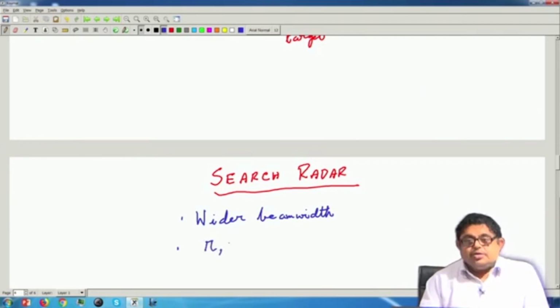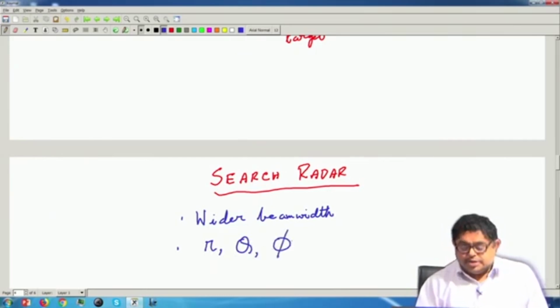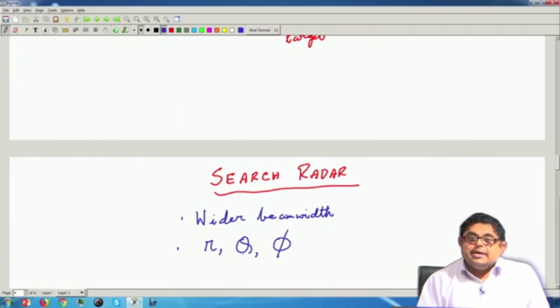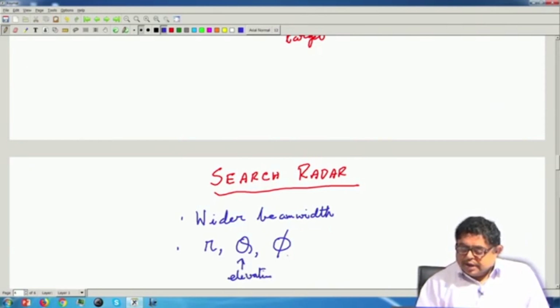But in 3 dimensions we require 3 coordinates. So, r is one thing, then theta and phi, 2 more angles, are required. One angle, theta, is called the elevation angle, and this is the azimuth angle.